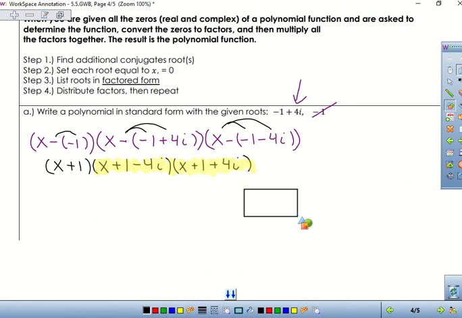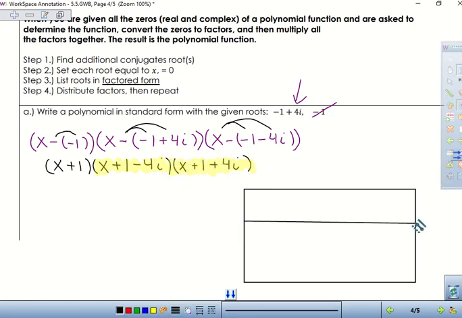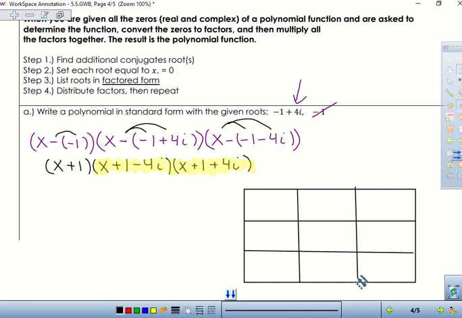So we're going to use our box method. I'm going to set up a box with 9 boxes in that. So that's going to be x plus 1 negative 4i, x plus 1 positive 4i. And from here, we're just going to multiply the corners.